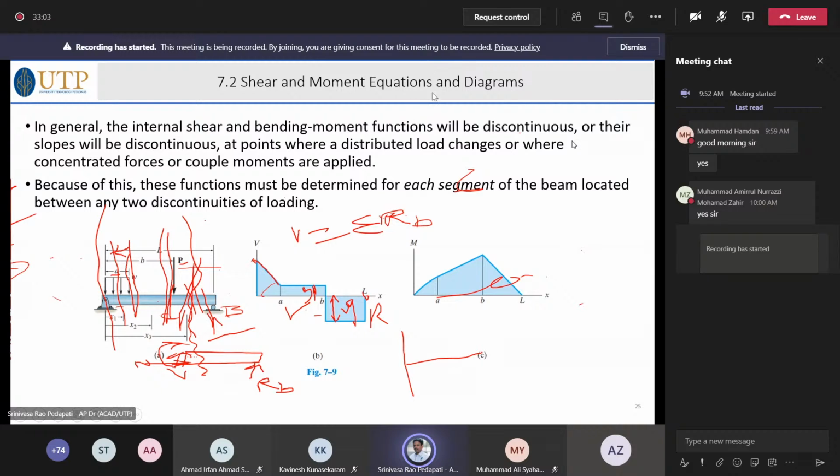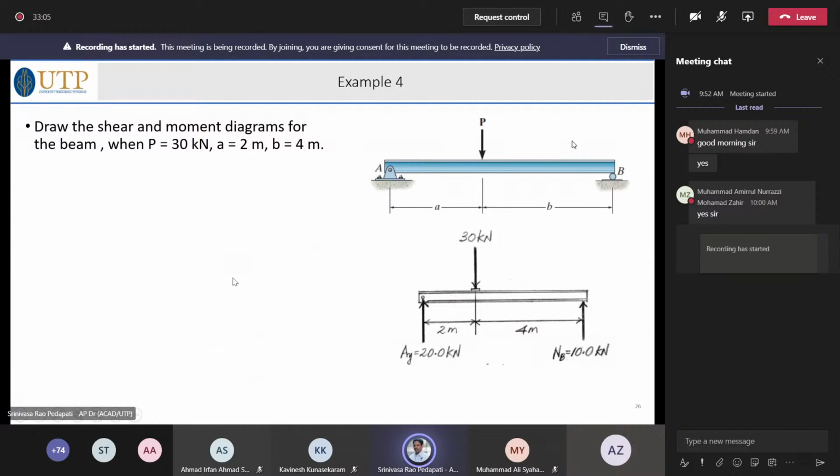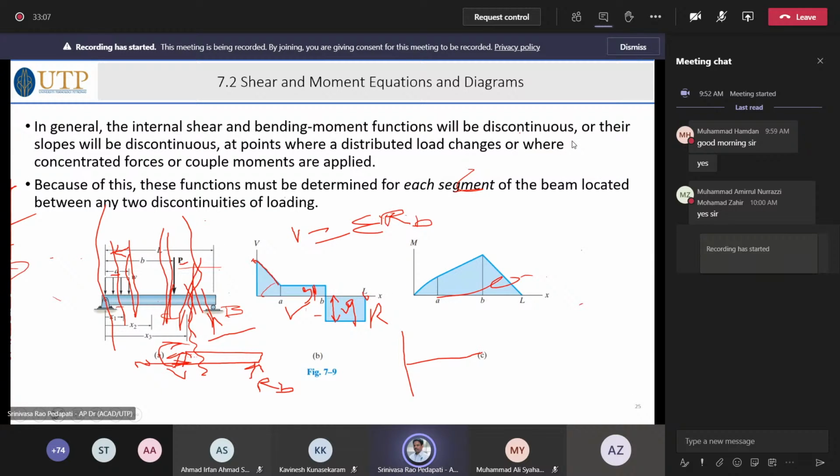The net force at this point is R minus P. The net force here is the same, R minus P, and here also the same, exactly up to B. After that, it keeps on changing.